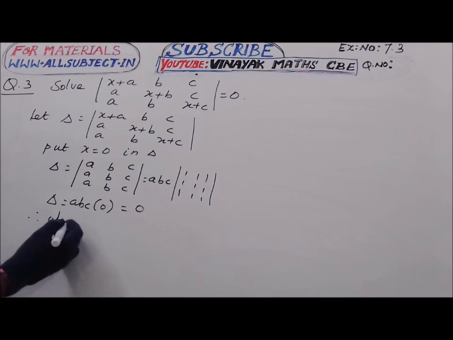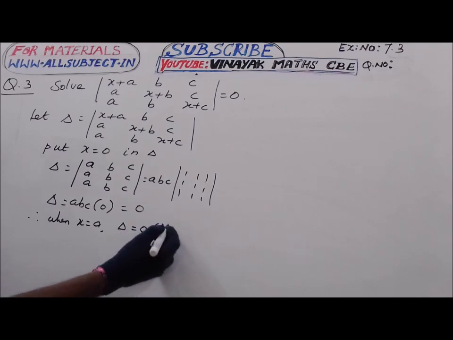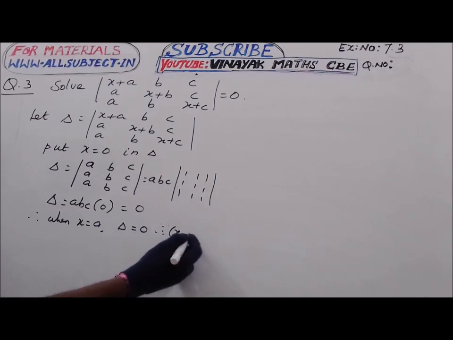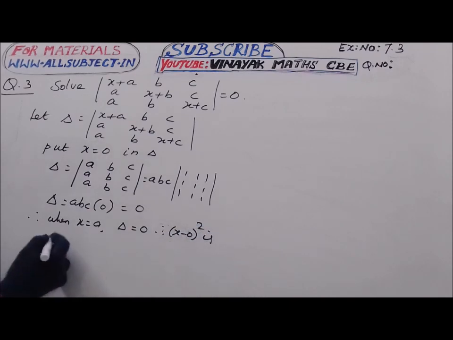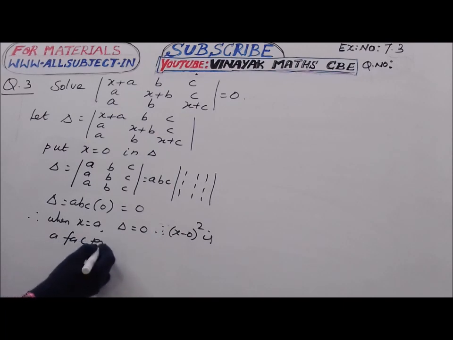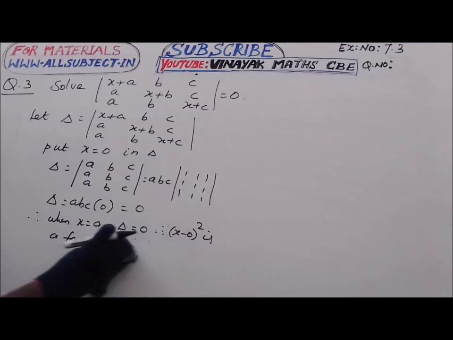Therefore, when x is equal to 0, delta equals 0, and therefore x minus 0 whole square is a factor of delta. Why is the factor x minus 0 whole square?